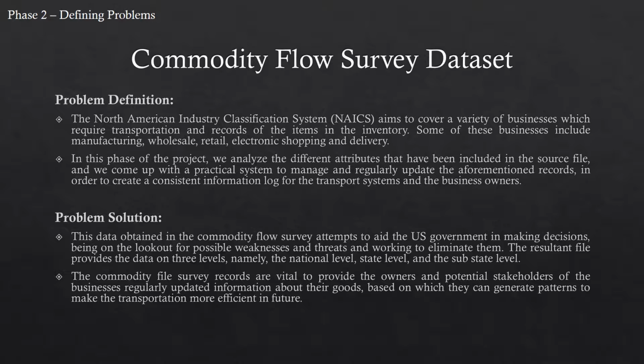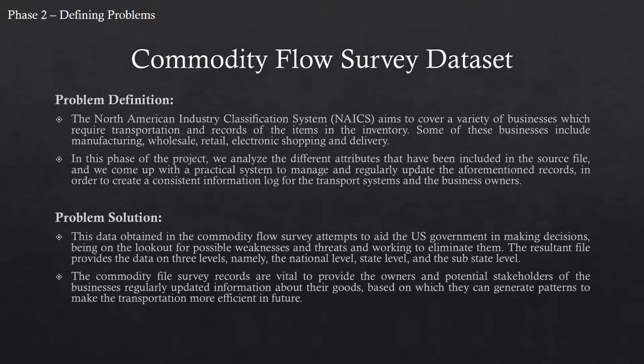Here, from this slide, we move to the next phase of the project, Commodity Flow Survey, and its topic is defining problems. So, the first section is problem definition. Here, the North American Industry Classification System (NAICS) aims to cover a variety of businesses which require transportation and records of the items in the inventory.